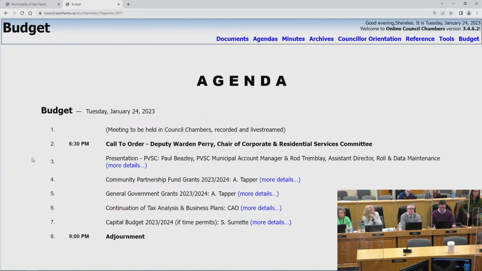Okay, council. Next up is Community Partnership Fund grants. And it looks like we're going to have Atlanta and Joe. Who's starting off?